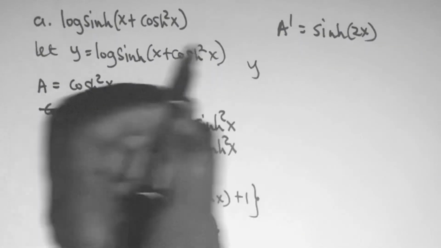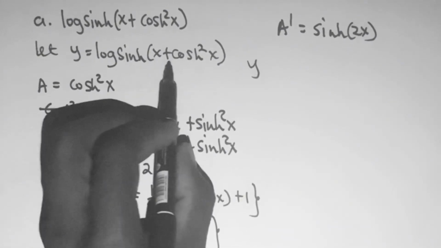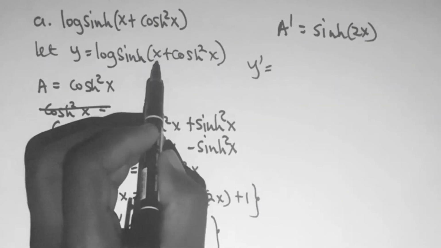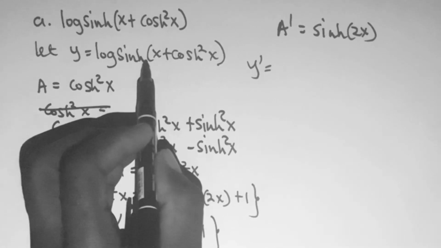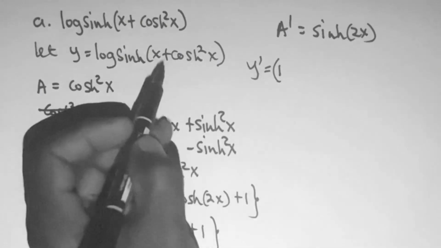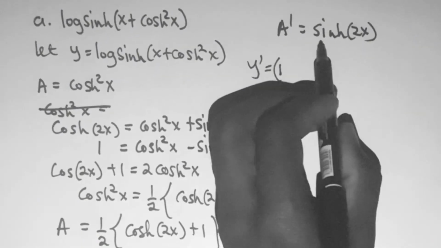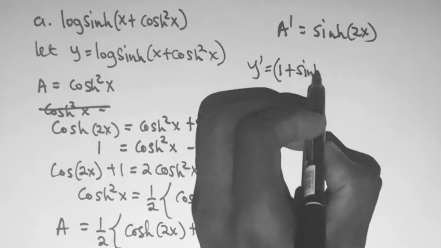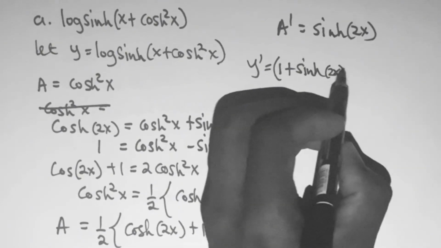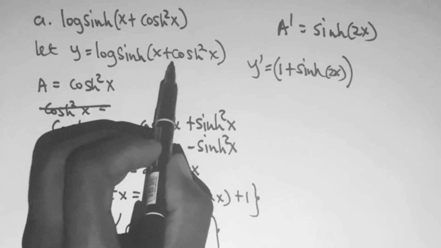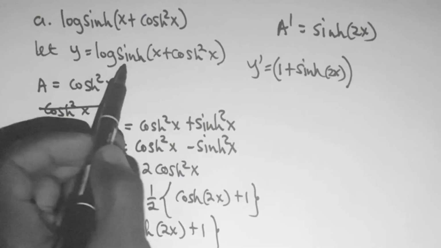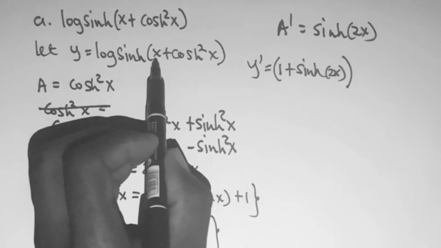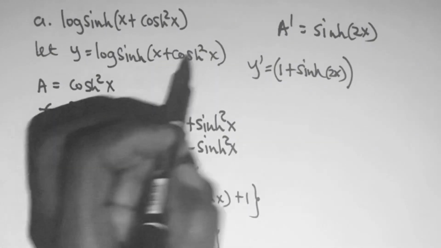So y is equal to log of sine of (x plus cos squared x). So y prime is equal to, you differentiate what is inside the bracket. If you differentiate x, you get 1. If you differentiate cos squared x, that is what we have already proved. It becomes sine 2x. And then you differentiate the whole sine of (x plus cos squared x).